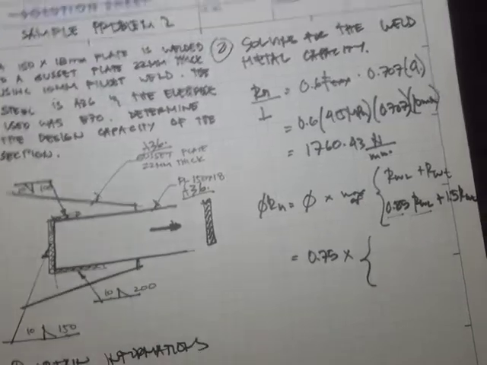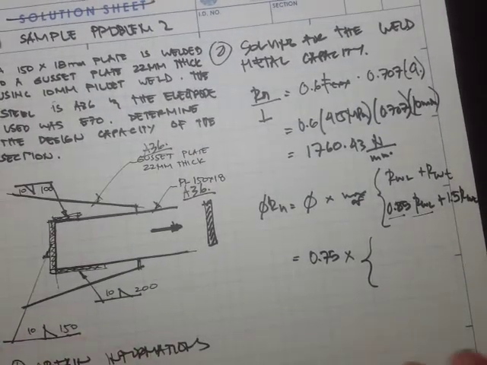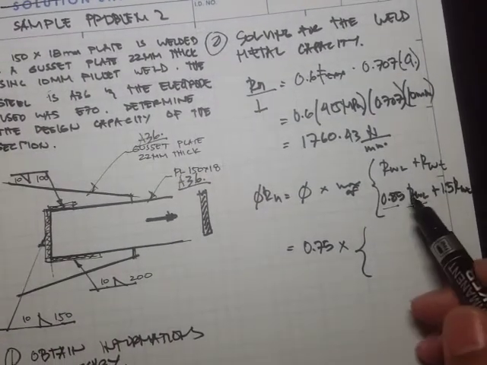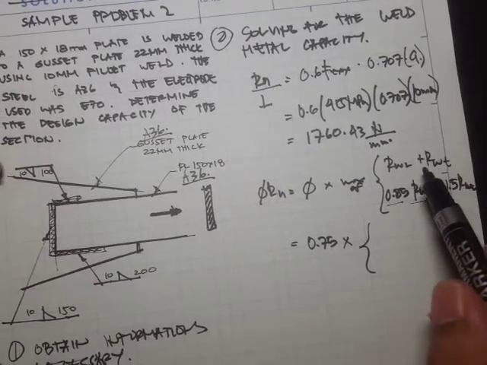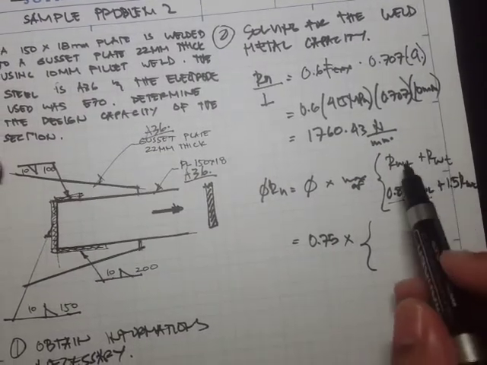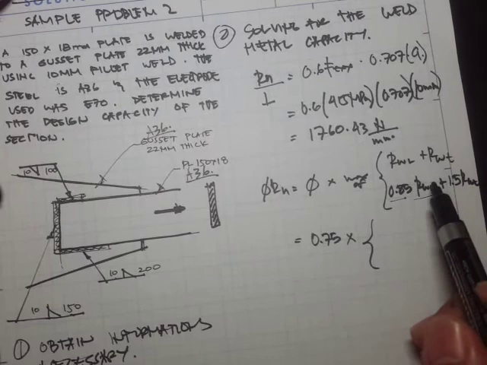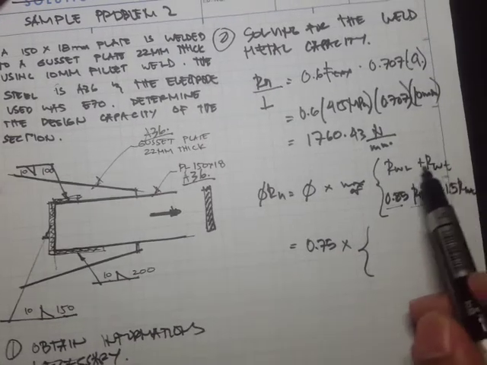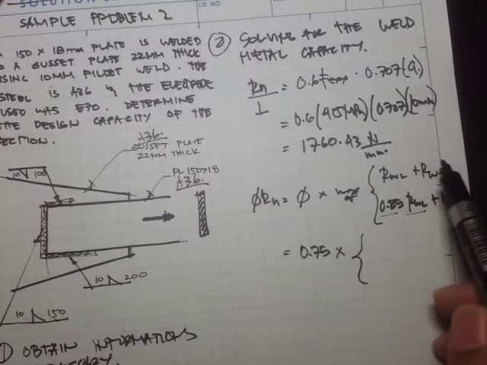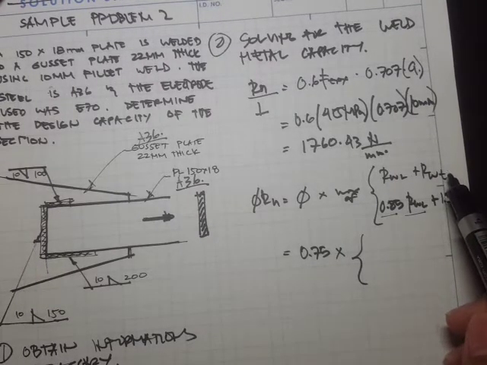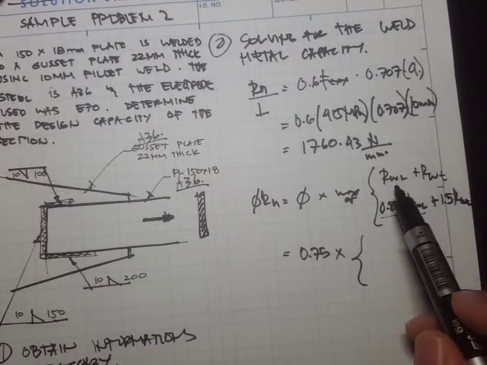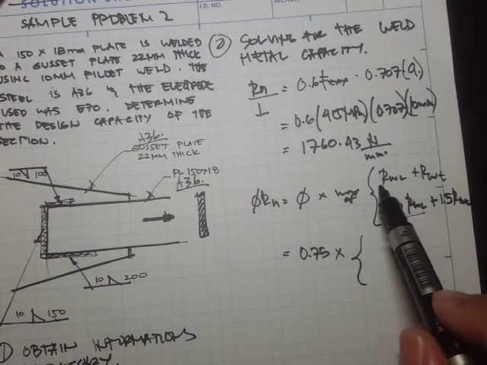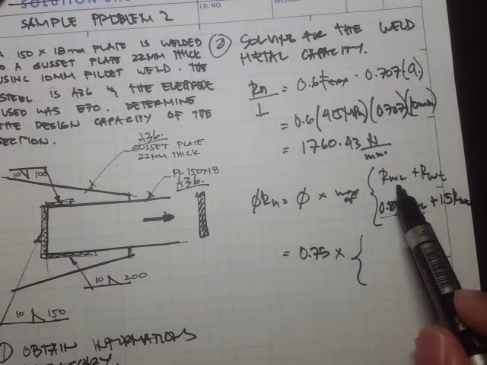If you recall, I discussed this in the first part of the lectures about welded connections: a transverse weld is actually much stronger compared to a longitudinal weld.